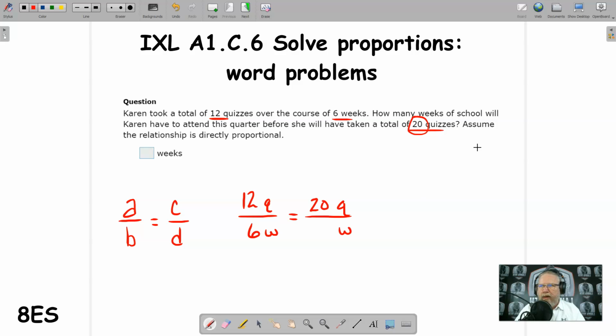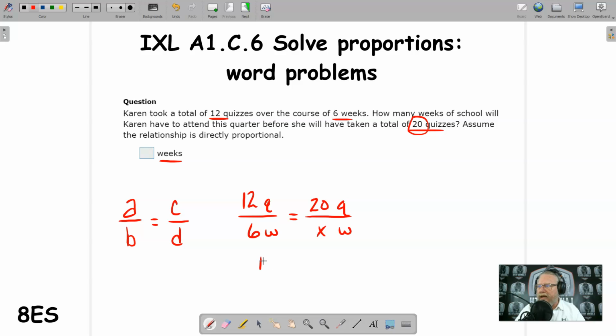And all of these are going to tell us to assume that the relationship is directly proportional. So the objective here is to go ahead and solve for the missing value, and we'll just call this X weeks, which notice that weeks is what the question's asking us, and we've set up our proportion in such a way that weeks is the missing value, so we must have our proportion set up correctly. So let's go ahead and use cross products.